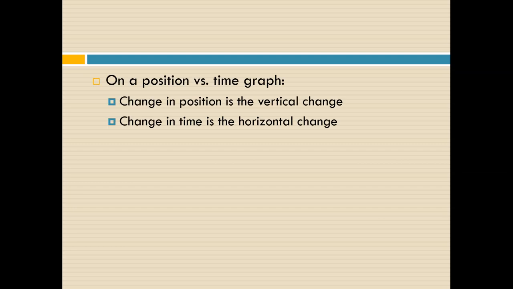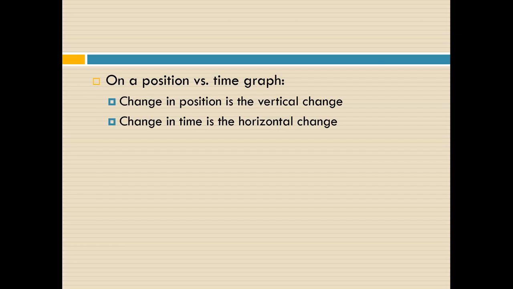Let's talk about this for a second. On a position versus time graph, any change in position will be along the vertical axis. So when you go from 1 meter to 4 meters, that plus 3 meters is going to be a rise on the y-axis, isn't it?